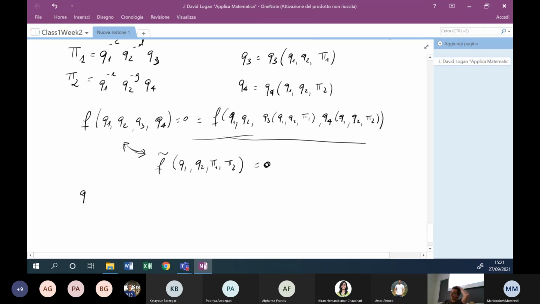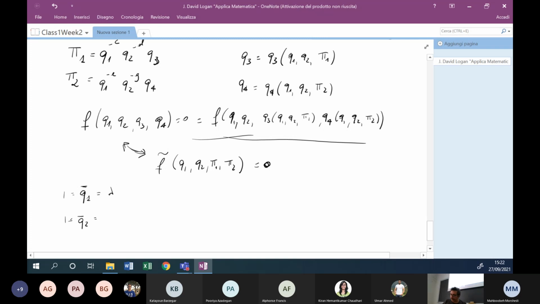What I want to do is to rescale Q1 and Q2 to some Q bar 1 and Q bar 2 in such a way that Q bar 1 and Q bar 2 are equal to 1.